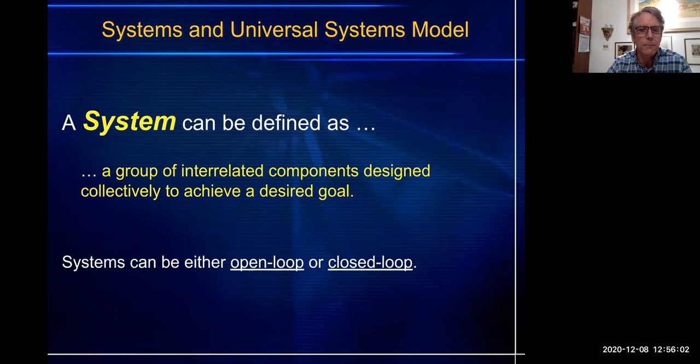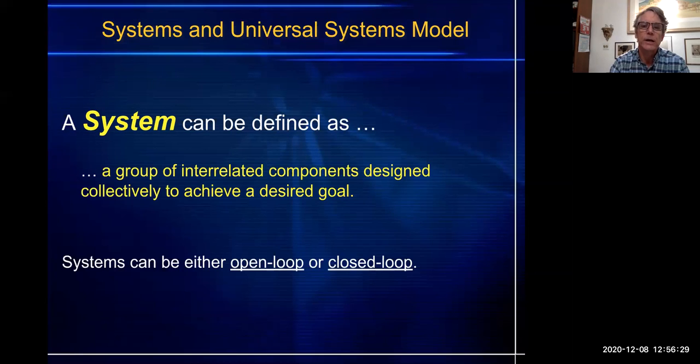So the first thing that came to my mind is systems can either be open loop systems or closed loop systems. Just thinking back on a regular system, it makes me think of a farm for some reason. A farm has a group of interrelated components designed collectively to achieve a desired goal.